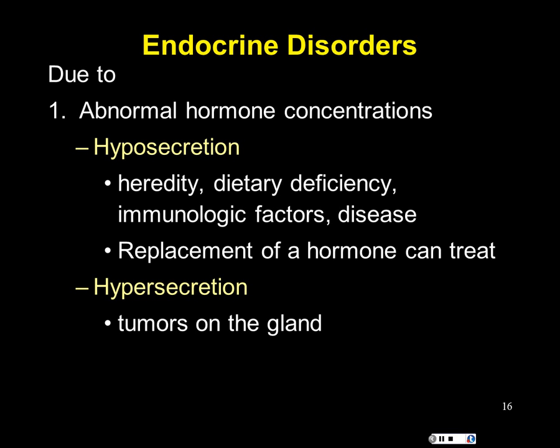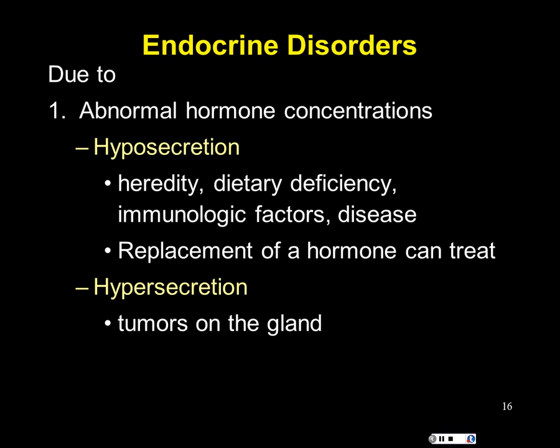Conversely, hormones may also be oversecreted, and it's called hypersecretion. And the primary reason that a hormone may be oversecreted is usually a tumor, whether it be cancerous or not. And so these are obviously a lot more difficult to treat. How do you think you should treat it? If you have a tumor causing hypersecretion, surgically.